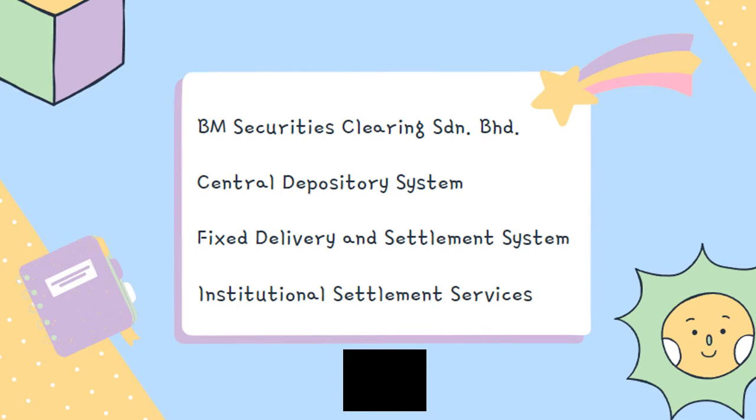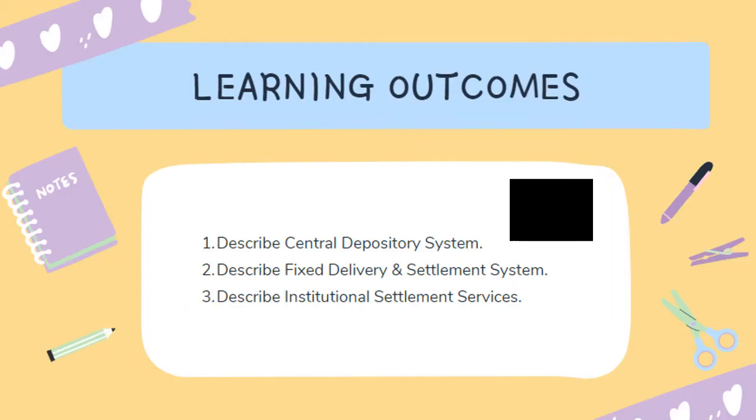Under this topic, we will look into the Bursa Malaysia Securities Clearing Sdn Berhad, and then the Central Depository System or CDS, and then we have the Fixed Delivery and Settlement System, or we call it FDSS. And lastly, we have Institutional Settlement Services or ISS.